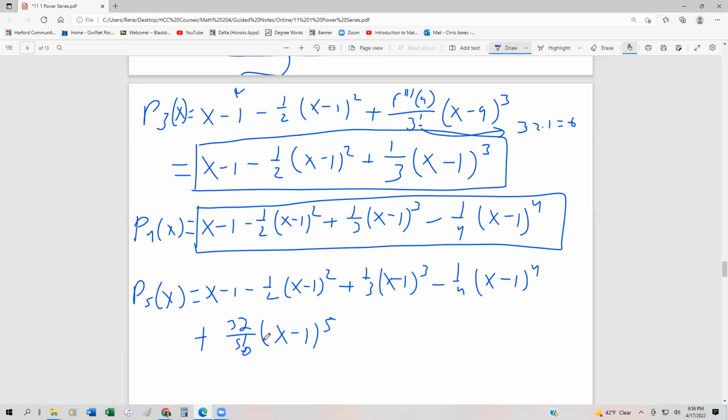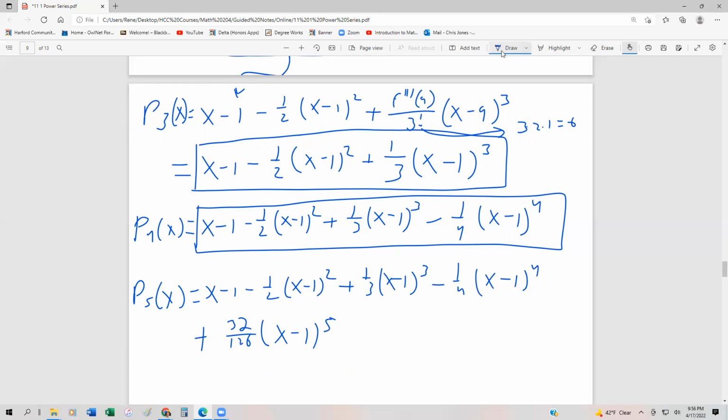Now, 5 factorial is 5 times 4 times 3 times 2 times 1, which is 120. So this really winds up being 24 over 120, and of course, we can use our calculators to simplify this.